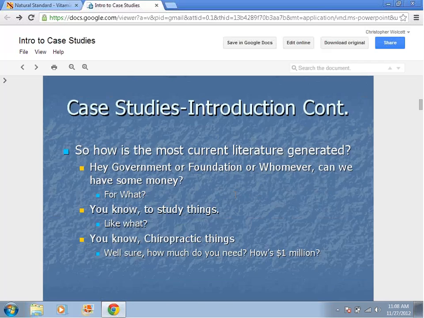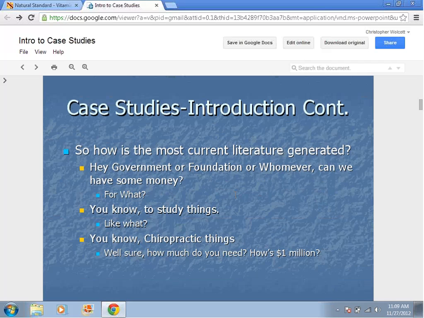Why is it important to write case studies? Why would anybody care about writing a case report? If we think back to the evidence hierarchy and the pyramid, we know that systematic reviews are at the very top, the pinnacle of research design. The base of the pyramid is non-empirical expert opinion, which has its place in evidence-based practice as a third of the evidence-based practice triad.